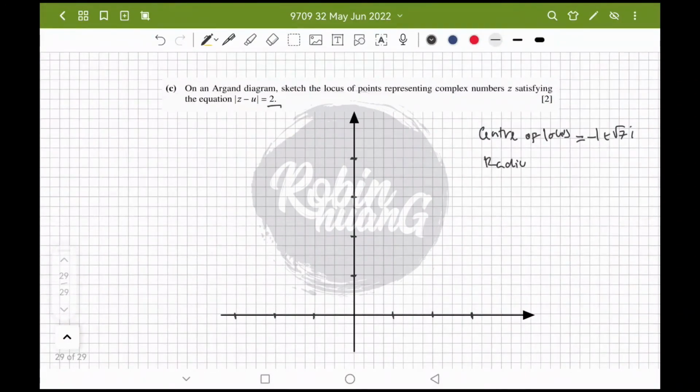Square root of 7 is around 2.645, so -1 and square root of 7 is around here.